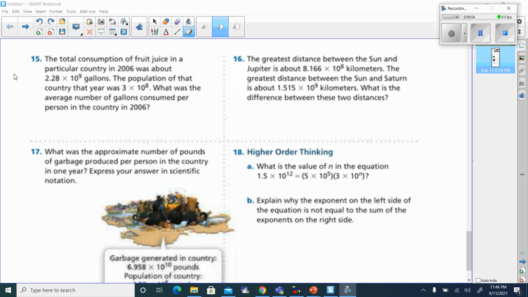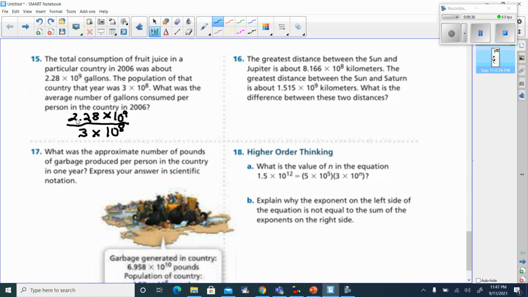Well, to do that, I'm going to have to take 2.28 times 10 to the ninth, and we're going to be dividing that by 3 times 10 to the 8th.